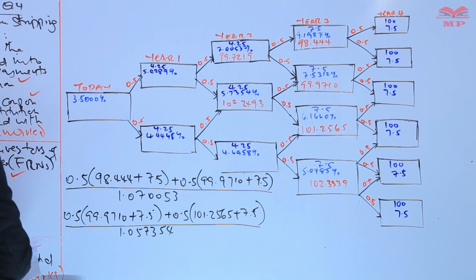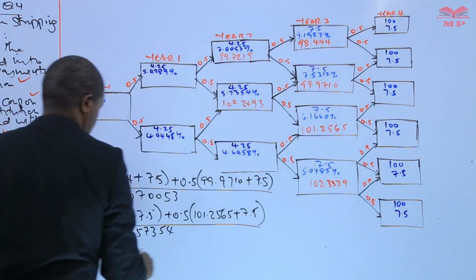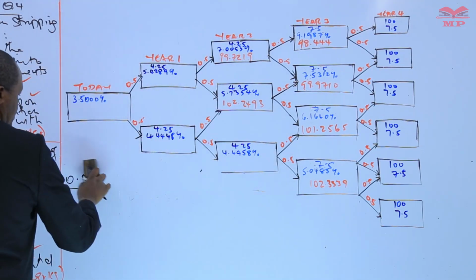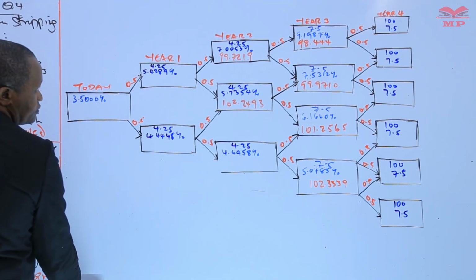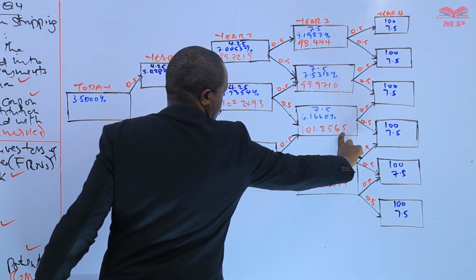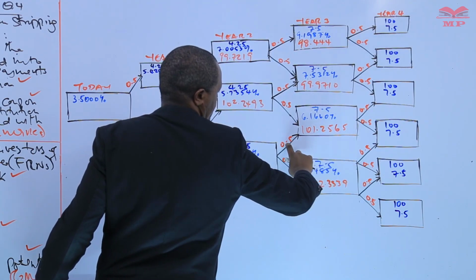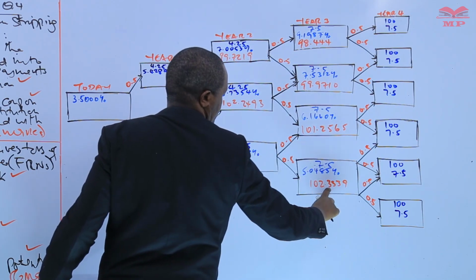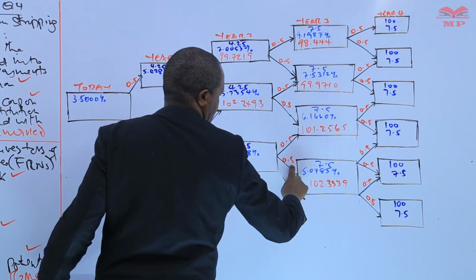Moving on, we move on to these two nodes. These two will be 101.25 times 0.5 plus that, then 102.339 plus 7.5 times that.